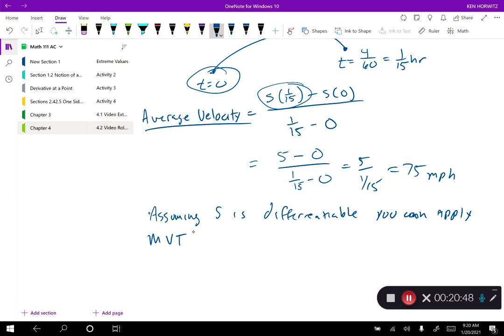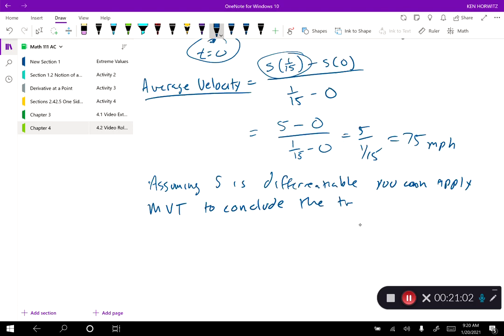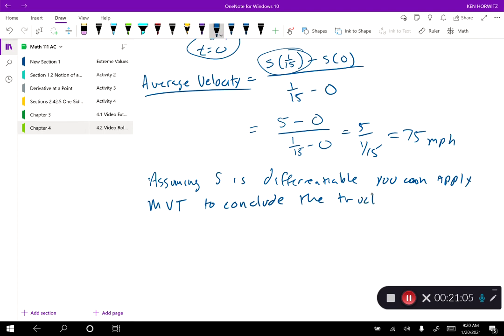MVT is an accepted abbreviation for mean value theorem, to conclude that the truck was going 75 miles per hour at some point in the interval.